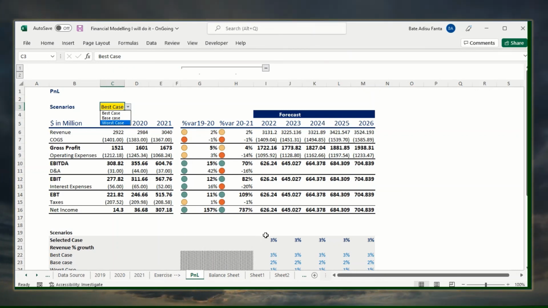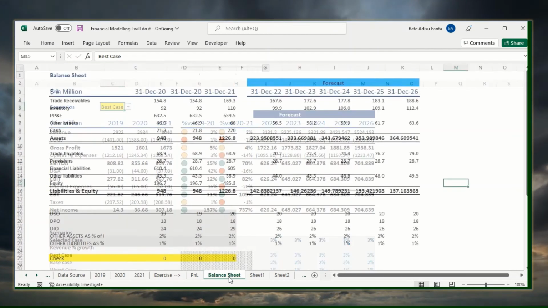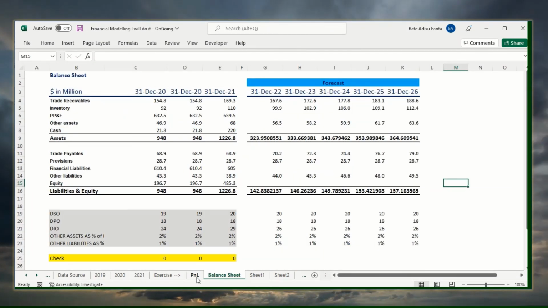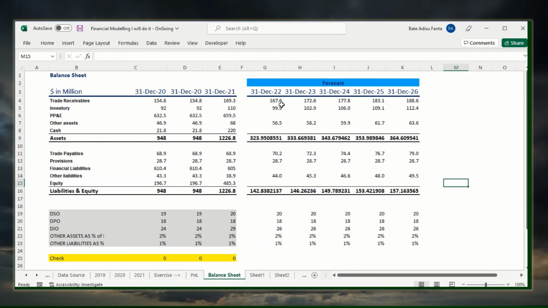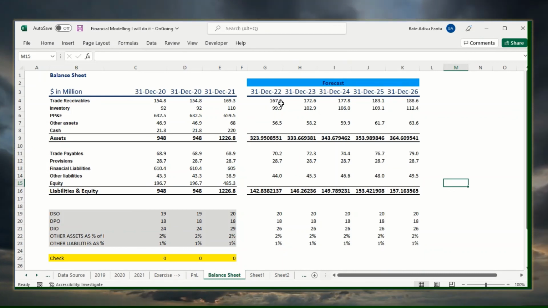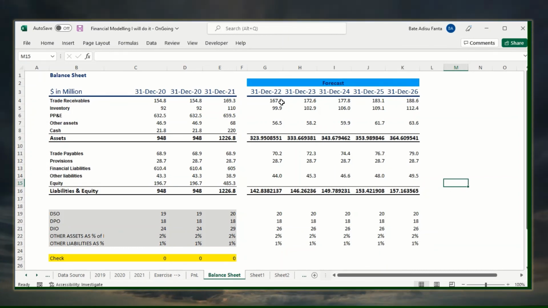At the same time, it changes the forecasted amount in the balance sheet here. So you can have something in your mind from here. For example, 167 million for 2022. This is trade receivable.